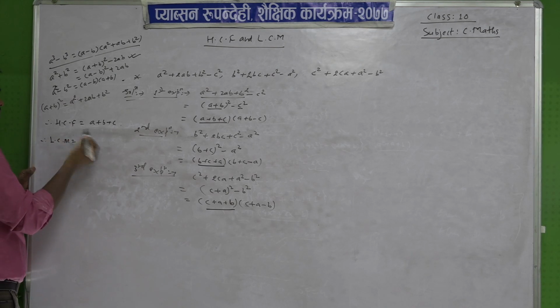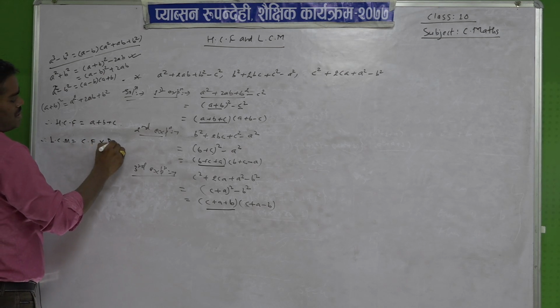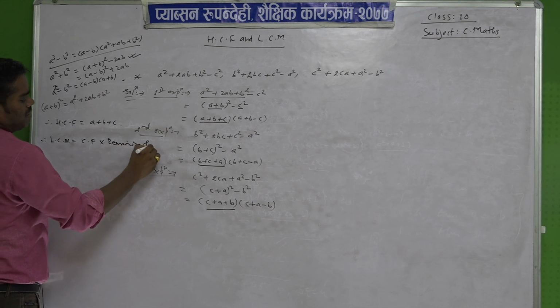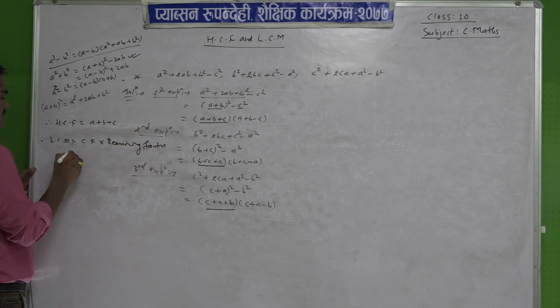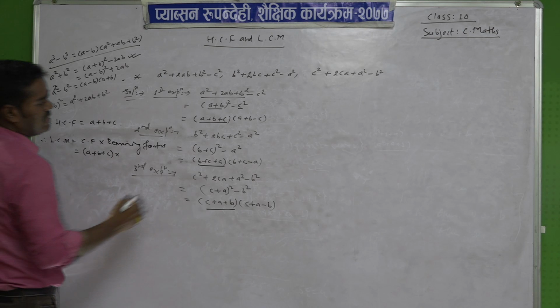LCM means, I have told you, we take the common factor into the remaining factors. So what is the common factor? A plus b plus c, into what is remaining?